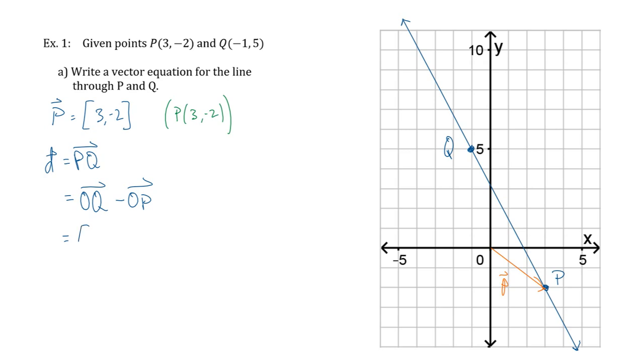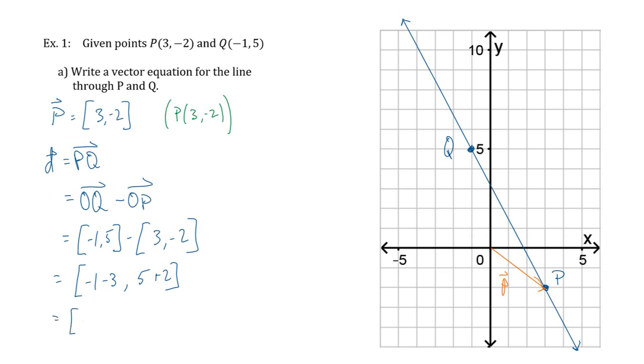OQ is the vector from the origin to Q, which is (-1, 5). And OP is the same as P, with its tail at the origin to point P, which is (3, -2). So I've got -1 minus 3, and 5 minus -2, which is 5 plus 2.